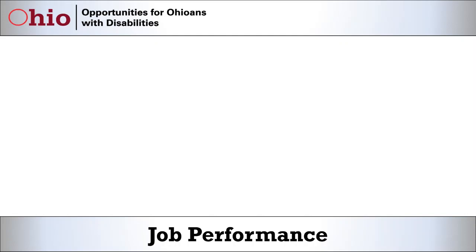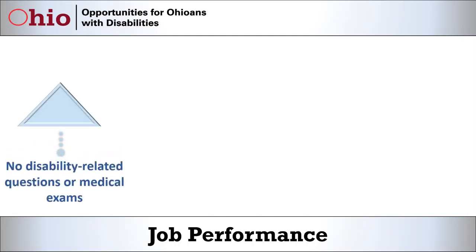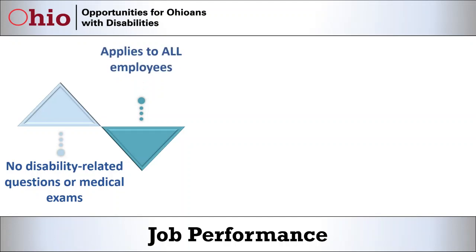Well, Dustin, first of all, once a candidate becomes an employee, the employer can no longer ask disability-related questions or require medical exams, unless the employer can show these are job-related and consistent with business necessity. And remember, consistent with business necessity means it applies to the job's essential functions. And this applies to all employees, not just employees with disabilities.